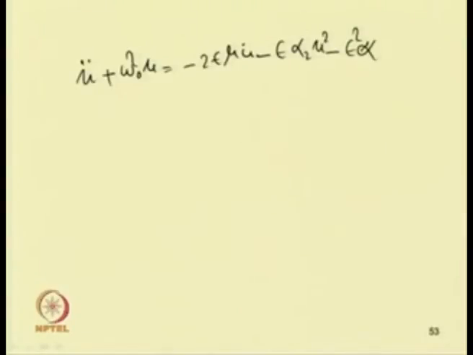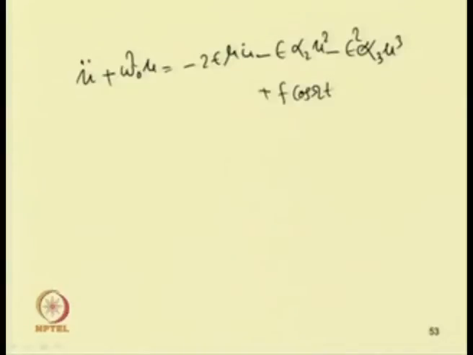So, instead of taking the forcing term of the order of epsilon square, one can take it of the order of the linear term, that is by writing the equation in this form: u double dot plus omega 0 square u equal to minus 2 epsilon mu u dot minus epsilon alpha 2 u square minus epsilon square alpha 3 u cube plus f cos omega t.